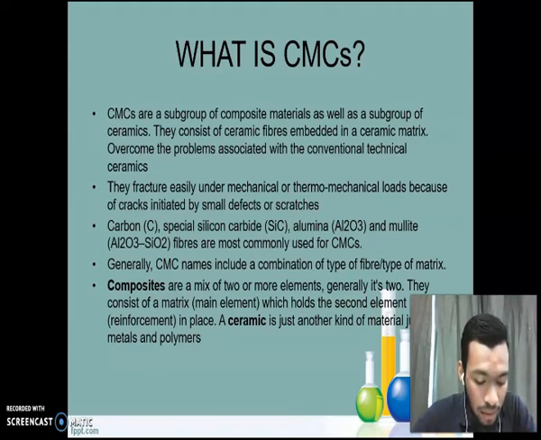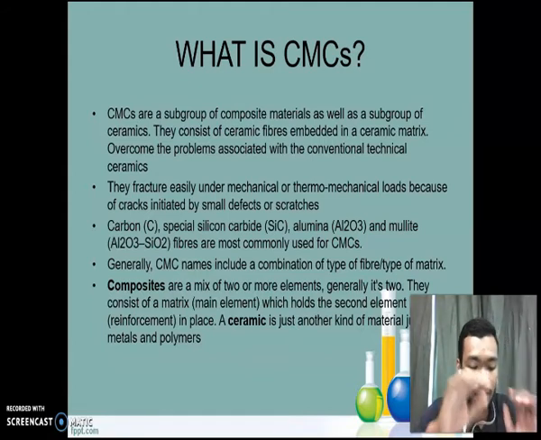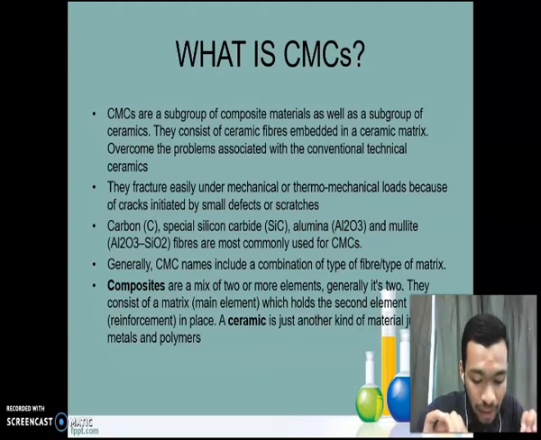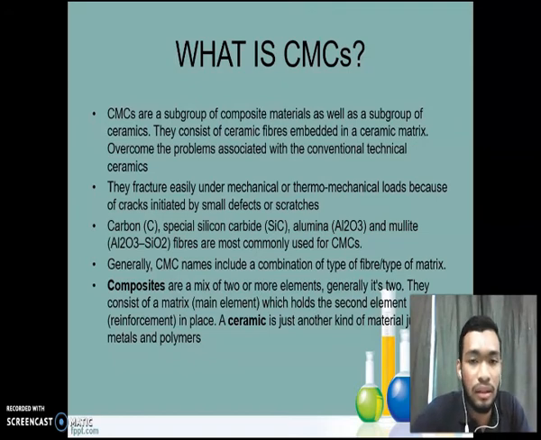The CMC consists of a matrix, which is the main element, which holds the second element, which we call reinforcement, to increase the strength of the matrix. So CMC can overcome the problems of ceramic, which is alumina, silicon carbide, or zirconia.